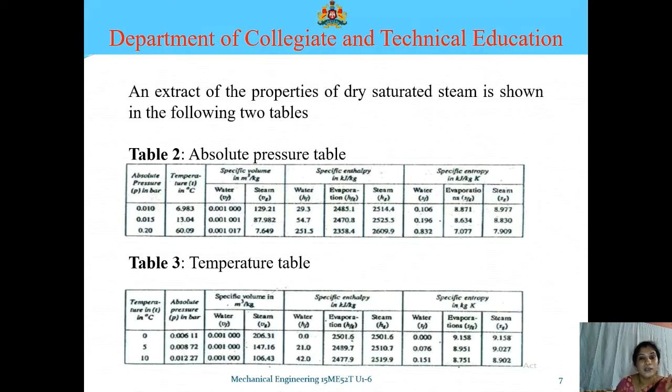So how can I define a steam table? Steam table is a table where all the properties of steam like pressure, temperature, various enthalpies, various entropies and specific volume have been tabulated.